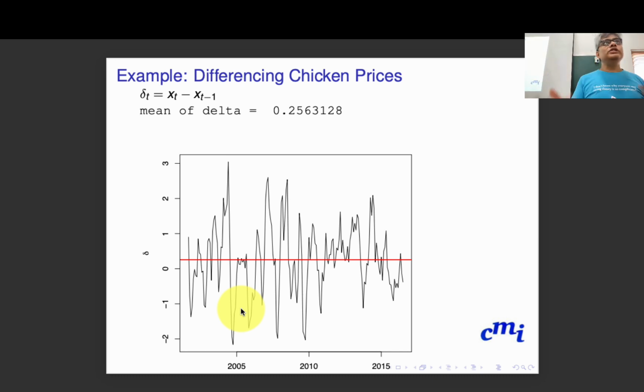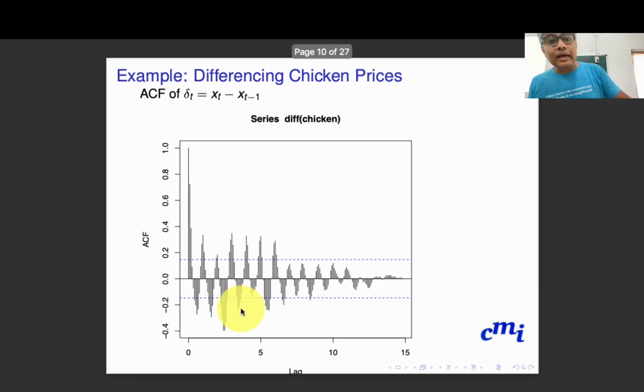And I can then use that structure to develop a new model. Let us see now what the ACF plot of this series looks like.